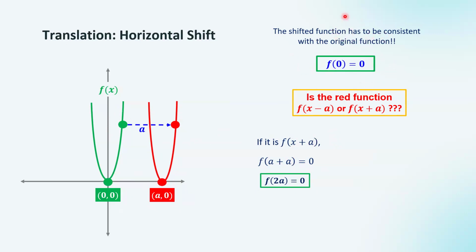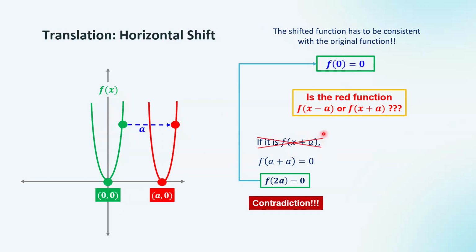As I said before, the shifted function has to be consistent with the original function. Now, the question is, is this consistent? Totally not. That's why it is a contradiction, and we know that if you shift to the right, it's not x plus a. It's not x plus a, guys. So this one is wrong. It's a bit counterintuitive, yes, I know, but it is the truth.